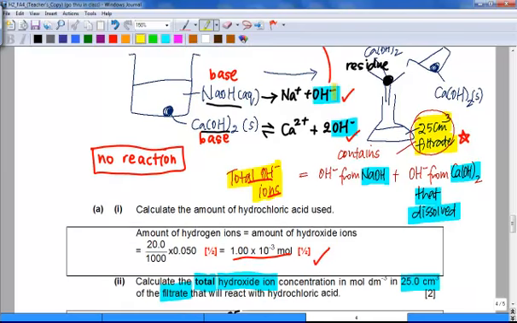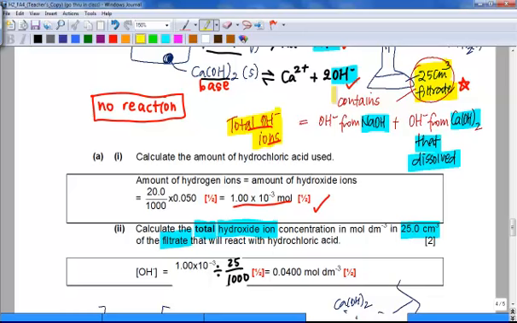When HCl reacts with OH⁻, it will give us Cl⁻ plus water, the salt and the water.